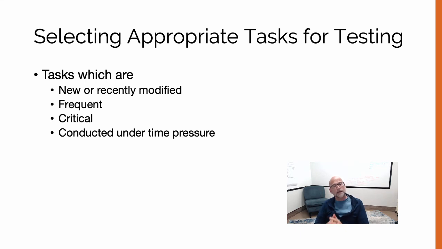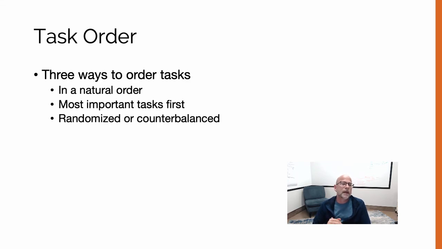You also want to make sure that you are testing tasks that have been modified recently, that are frequent, that are really critical, or that might be conducted under time pressure. Those would be important tasks to test. You also want to think about the order in which you give these tasks.